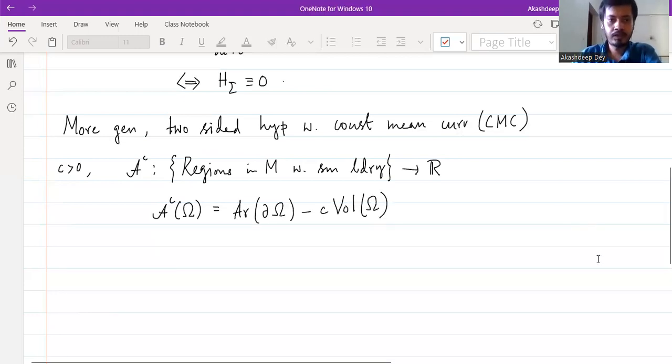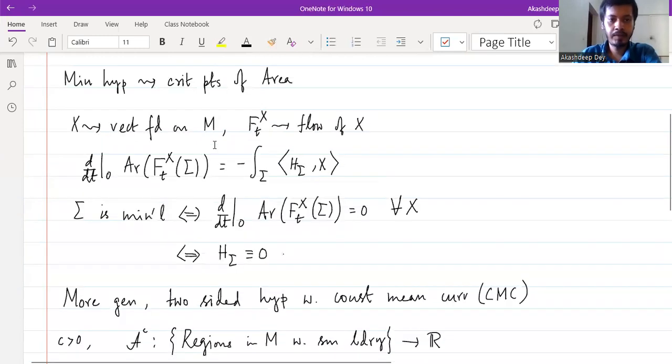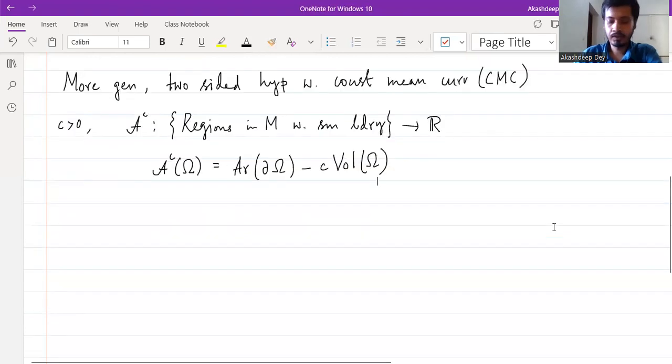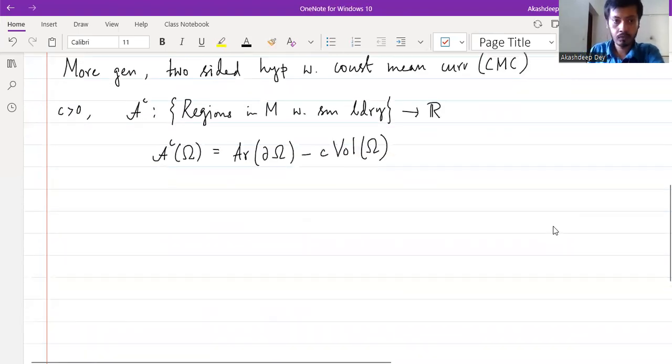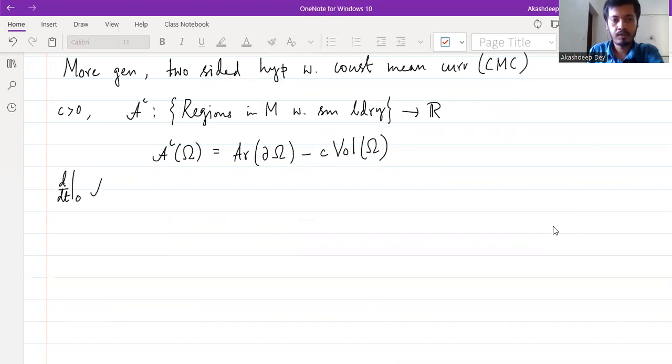And as before, let X be a vector field on M and F_X^t be the flow of X. Then we can consider d/dt at 0 of A^c(F_X^t(omega)).